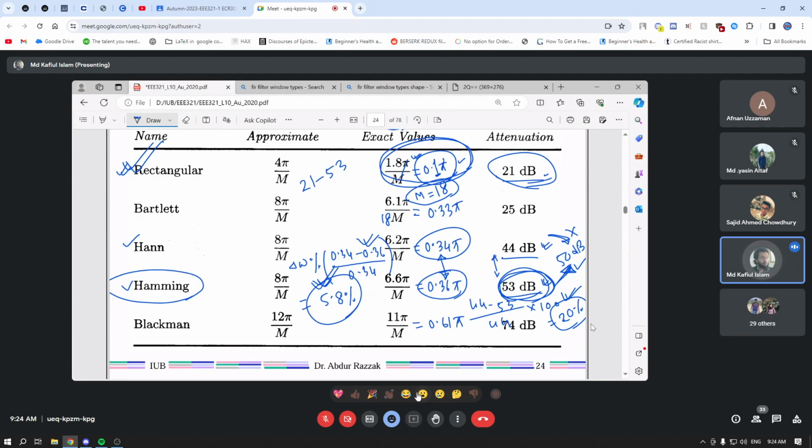For example, if you choose Hamming, how much are you losing in terms of AS? What percent is this? Exactly. So you can meet the 100% requirement as long as delta omega is concerned, but as far as AS is concerned, you are losing this part, right? Okay, AS. So now you have to make the decision.